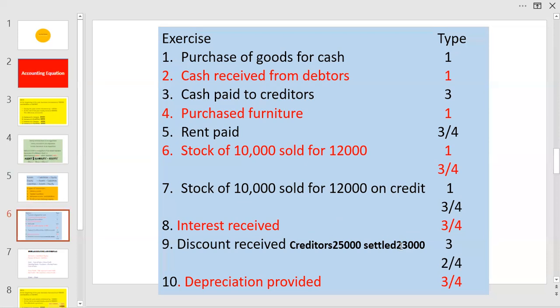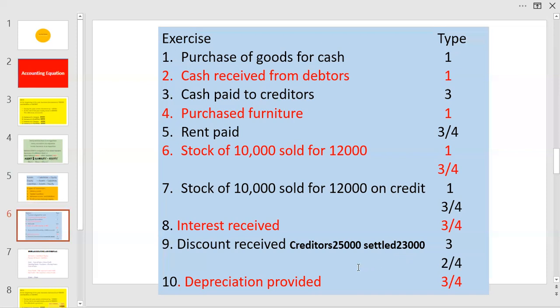What has happened here is asset cash comes down by 23,000. A creditor, a liability also comes down by 23,000. A further 2,000, which is discount received and income. Income belongs to the equity, therefore it will get added to that.